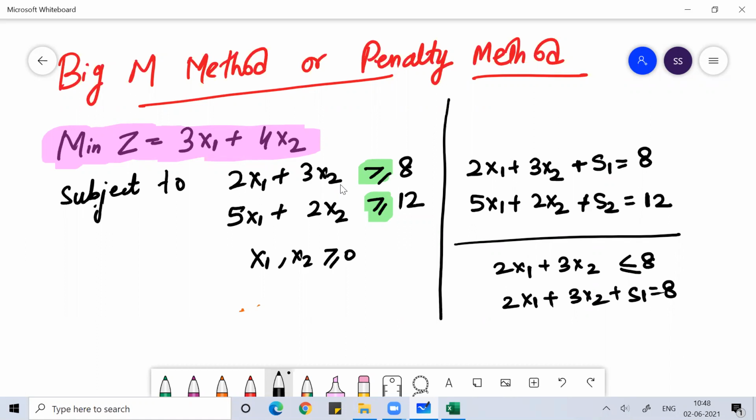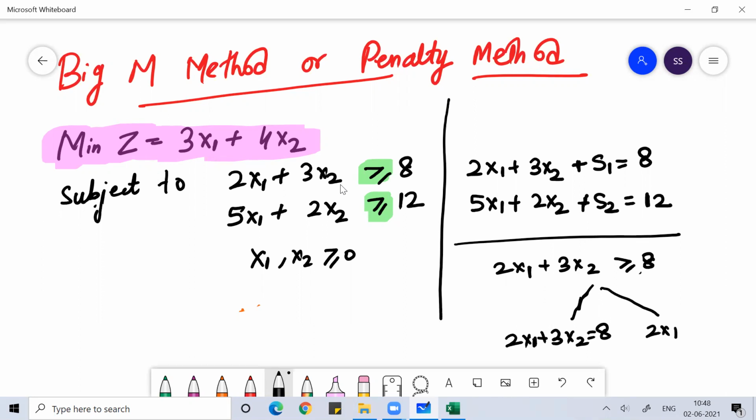Now in this case, you have greater than or equal to, guys. If 2x1 plus 3x2 is greater than or equal to 8, what does this mean? It means that 2x1 plus 3x2 is either equal to 8 or greater than 8.